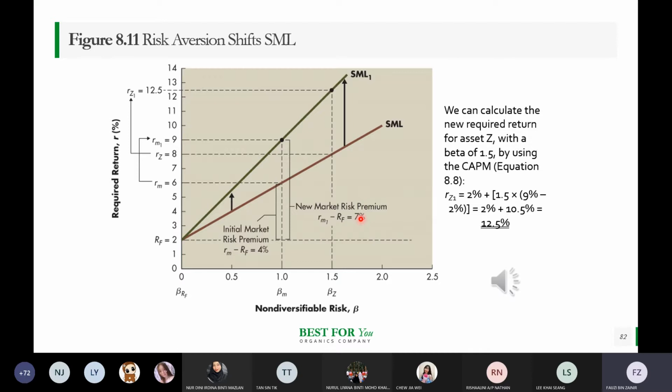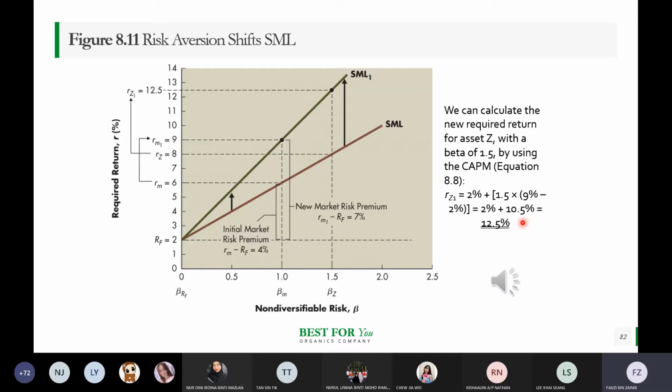As a result, the required return on all risky assets will increase. We can calculate the new required return for asset ZAG with a beta of 1.5 by using the CAPM equation 8.8, which is RZ1 equals 2% plus 1.5 times bracket 9% minus 2%, close bracket, equals 2% plus 10.5%, equivalent to 12.5%.